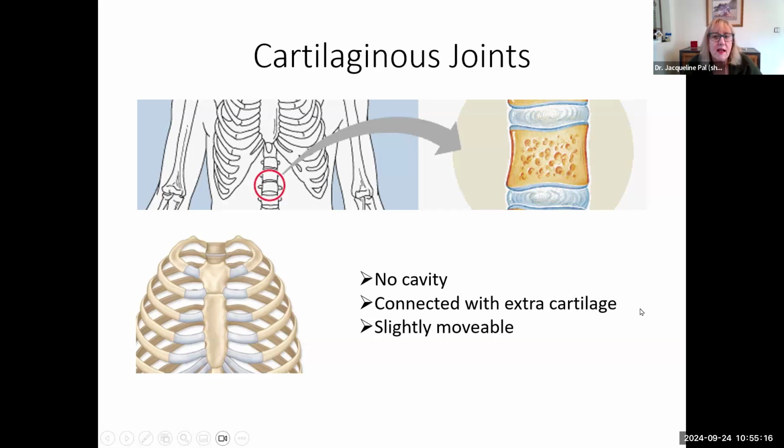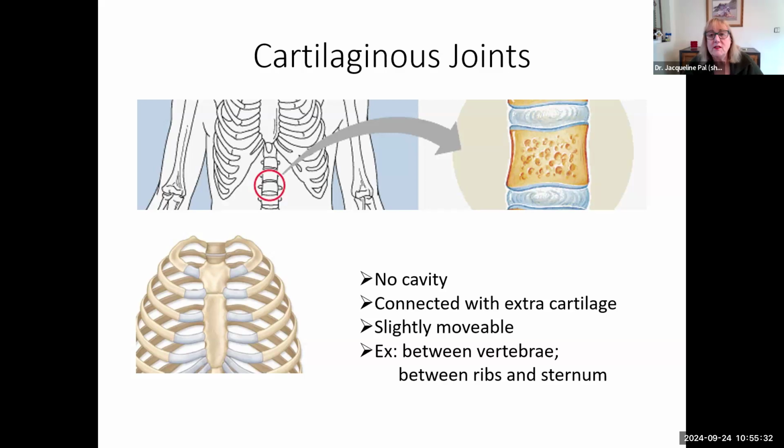Now, notice I'm not telling you what type of cartilage it is going to be. Well, we know it can't be elastic cartilage because there's elastic cartilage only in three places of the body. But depending on where this joint is, it could be hyaline cartilage or it could be fibrocartilage. So between the vertebrae, we've already talked about how we have fibrocartilage in our intervertebral disc.